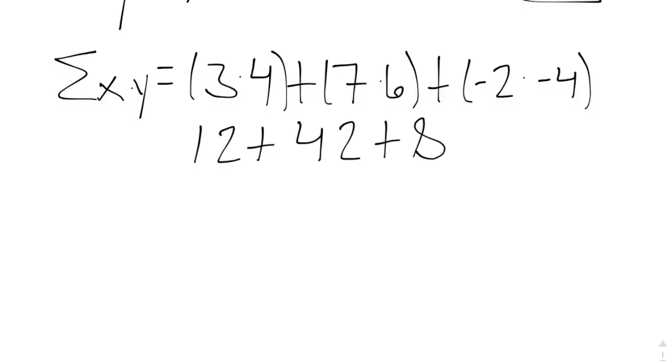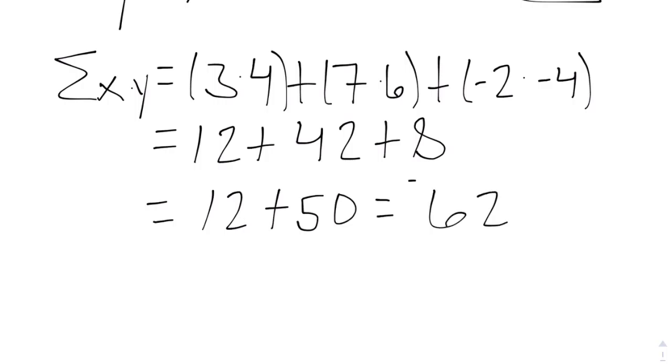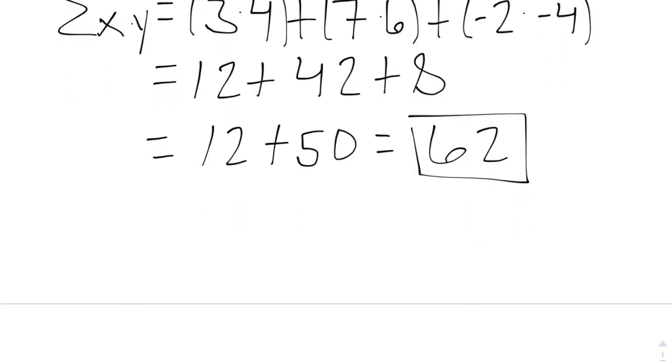Okay? Let's go ahead and add these up. 8 plus 42 is 50. So 12 plus 50 is 62. Okay? So there's another one that we got. And now we only need 2 more.